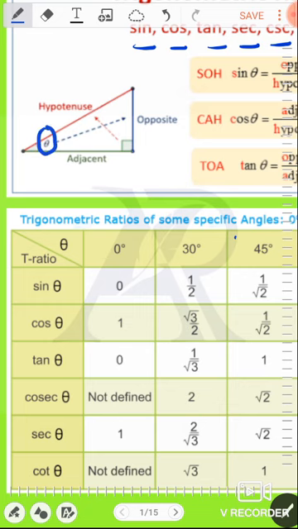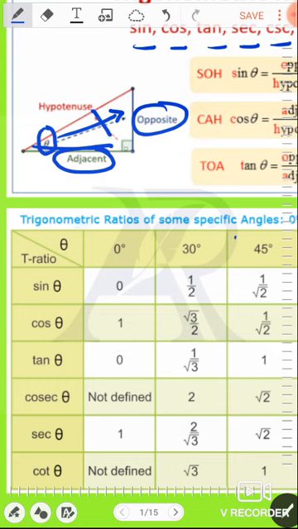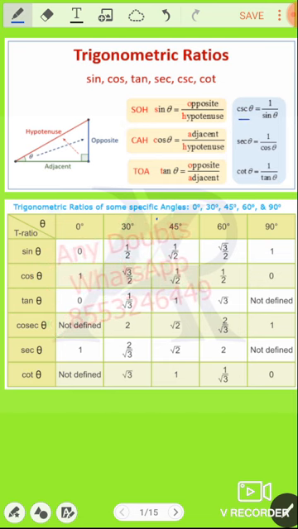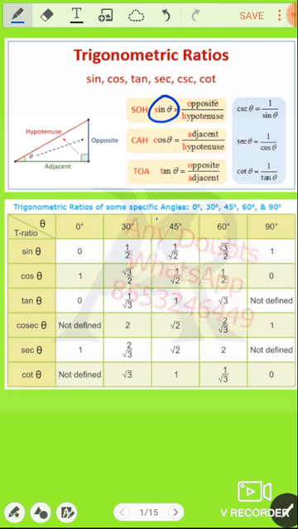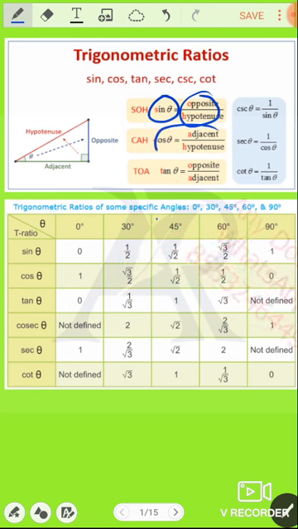Here we have an angle theta and the side opposite to this we call opposite, and the side adjacent to this we call adjacent, and the side opposite to this 90 degree we call hypotenuse. There are some predefined ratios found by our mathematicians, that is for sine theta opposite by hypotenuse, for cos theta adjacent by hypotenuse, and for tan theta opposite by adjacent.